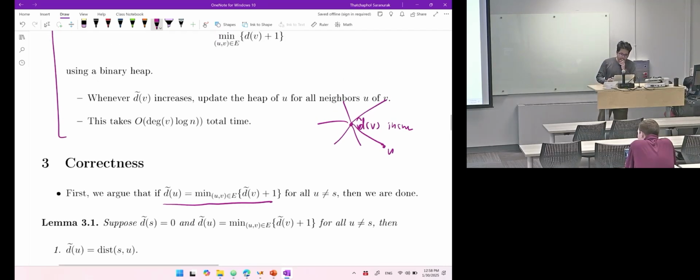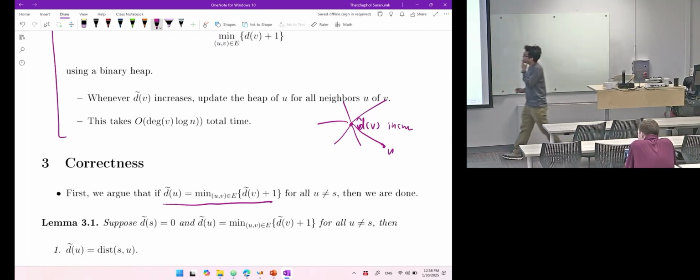Okay, there are two steps in the argument. First, if it's true that for every node u this is the case, then we need to say that this estimate is the correct distance, and that's the first step. The second step is to say that our algorithm really maintains this thing.